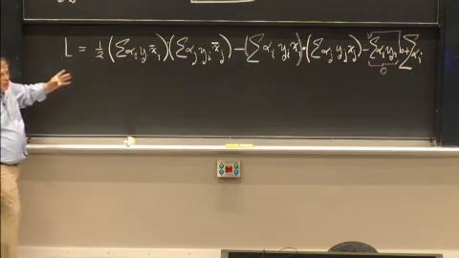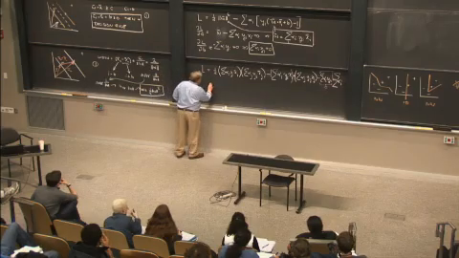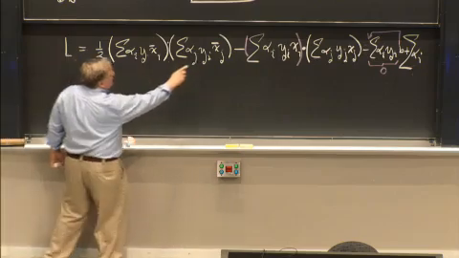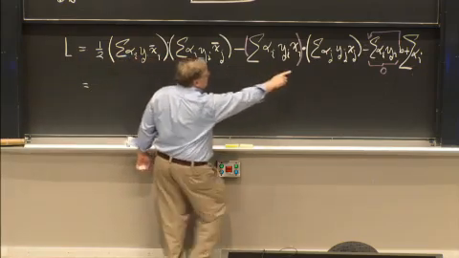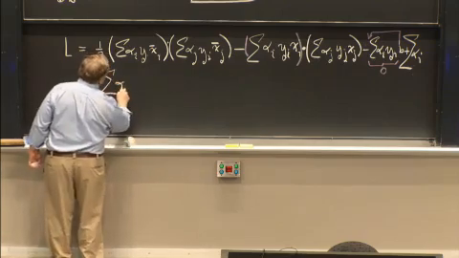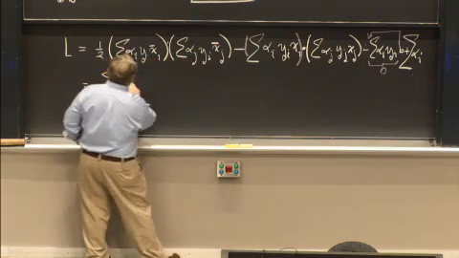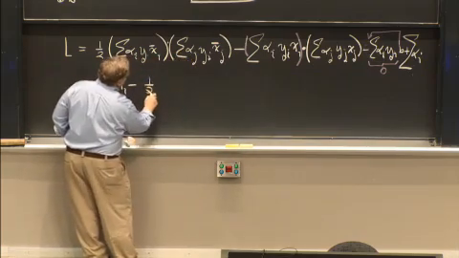So now what we can do is rewrite this Lagrangian as the sum of alpha I, that's the positive element. And then we got one of these and a half of these, so that's minus 1/2.